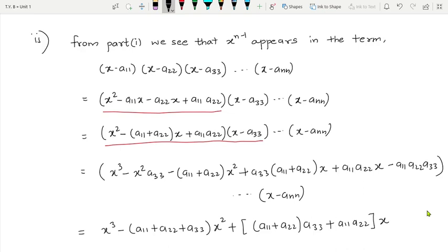And the last term will be minus a11 a22 a33, and the next term is going to be x minus a44, and this will be continued up to x minus ann.